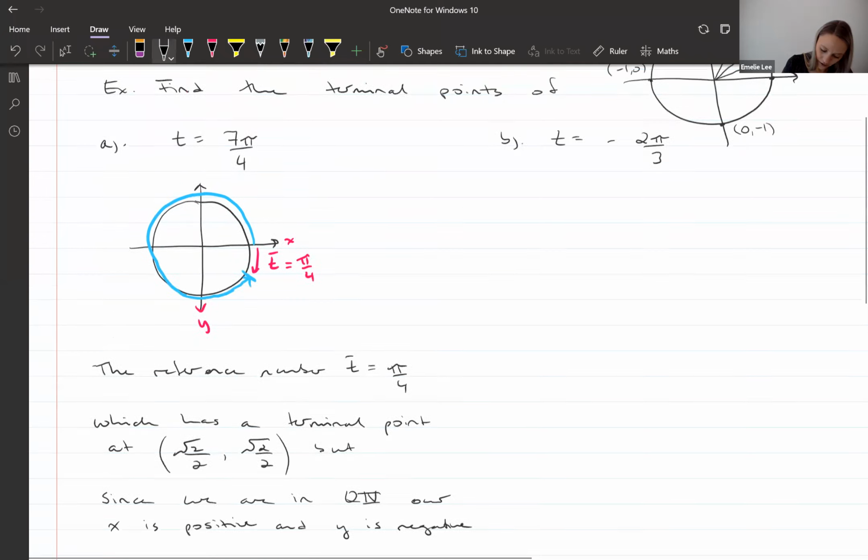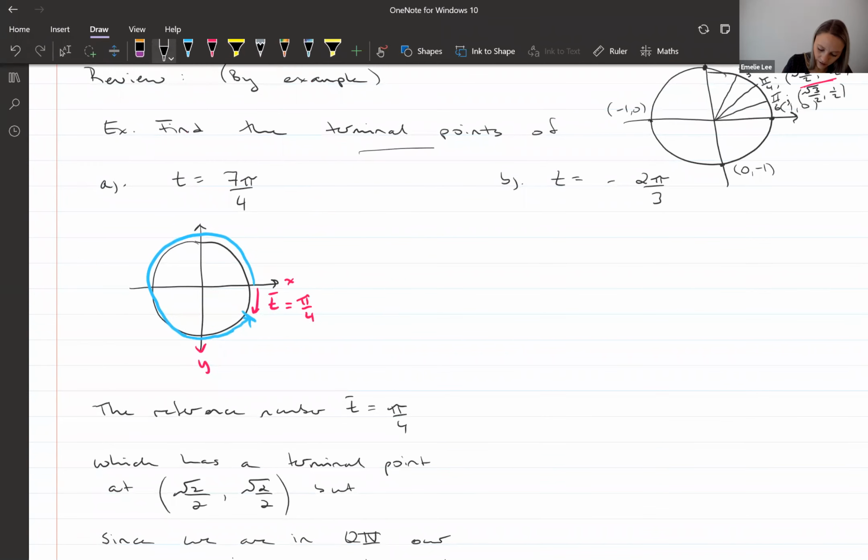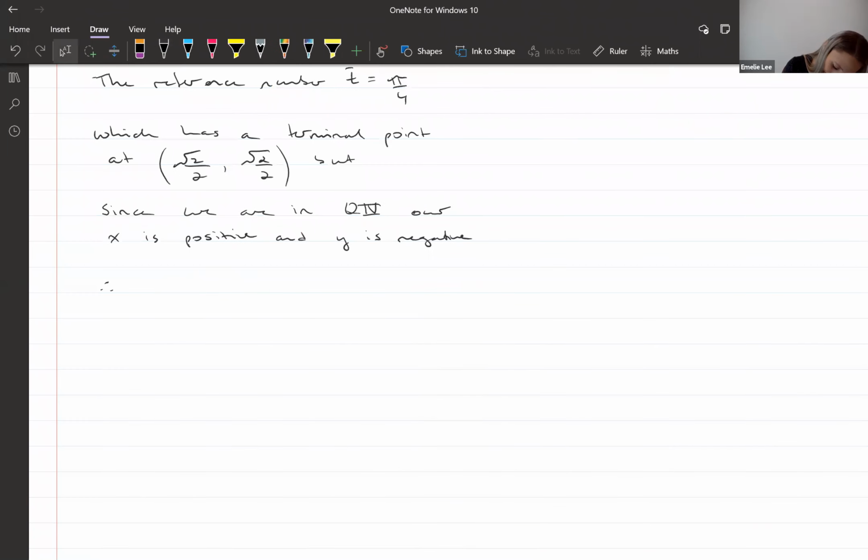Therefore, the terminal point, find the terminal points of 7 pi over 4. Therefore, the terminal point of 7 pi over 4 is positive root 2 over 2 and negative root 2 over 2.